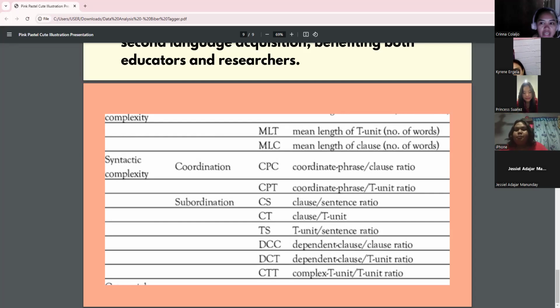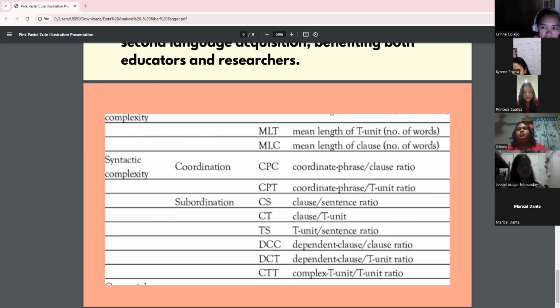So I just want to give the overall advantage of why we need to study the NLP tools: it makes our work faster, more consistent, and more objective. It gives an advantage in today's use for us, especially students.